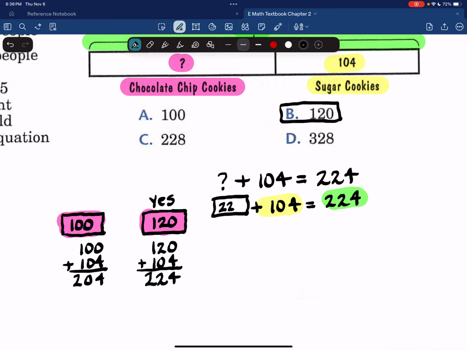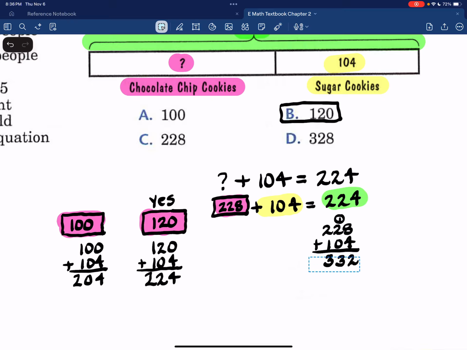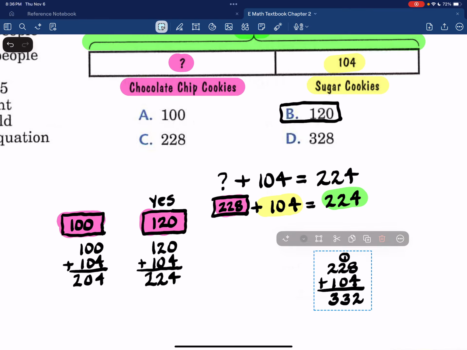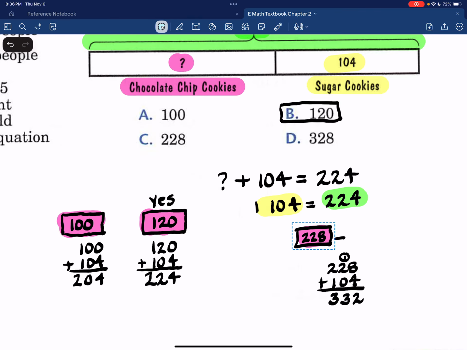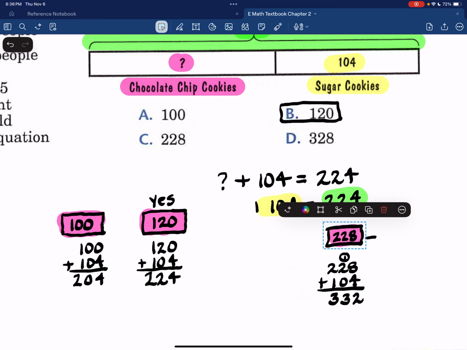Let's put 228 in the box. That's choice number C. So let's see if this one pans out. I'm going to move over here. So we know 228 plus 104. That's 12, carry 1, that's 3, and 3. That's way too big. So that one will not make the equation true. Let's move it down here. And then we'll move to our last choice.